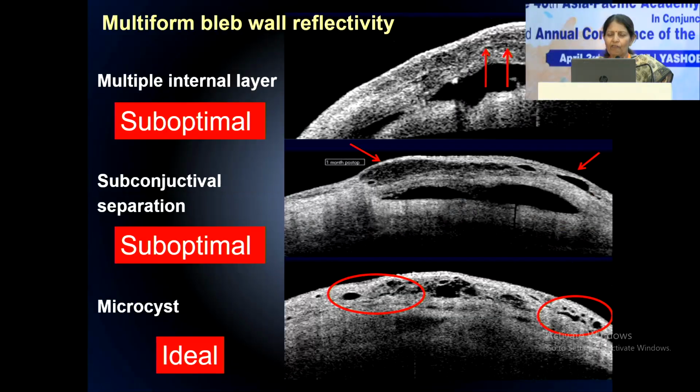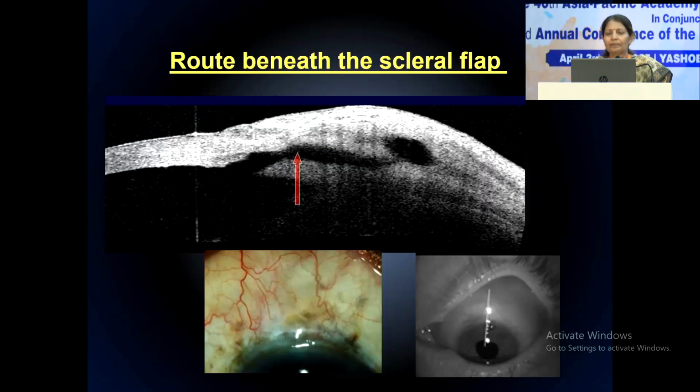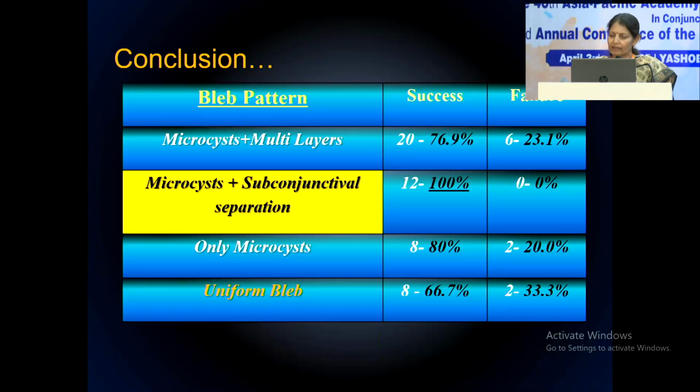Multiform bleb wall reflectivity was again divided into multiple internal layers, subconjunctival separation, and microcystic areas, which could be an ideal bleb for function and success. The route beneath the scleral flap was defined in all these cases.